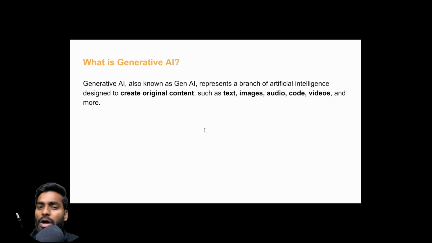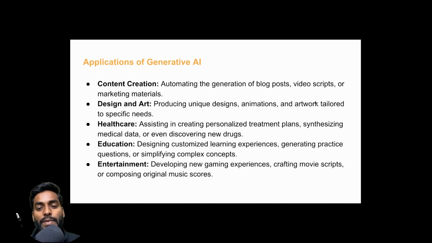And now we'll talk about the applications of generative AI. Generative AI is not just theoretical. It's transforming industries in real time. Here are some exciting applications which we can see. First, content creation. It can automate the generation of blog posts, video scripts, or marketing material. Design and art, producing unique designs, animation, and artwork tailored to your specific needs.